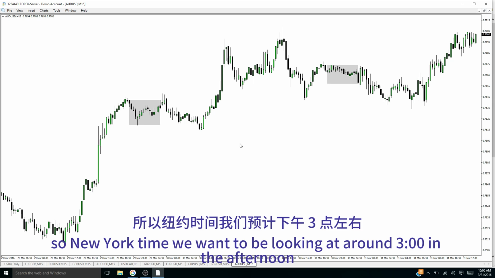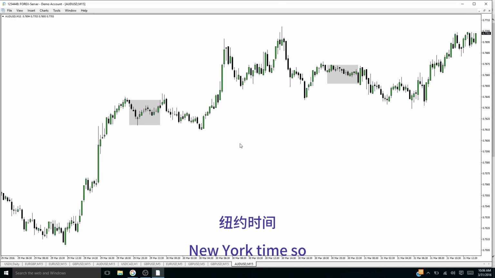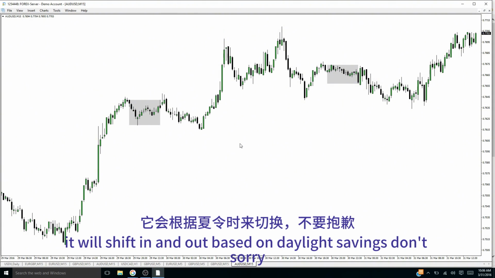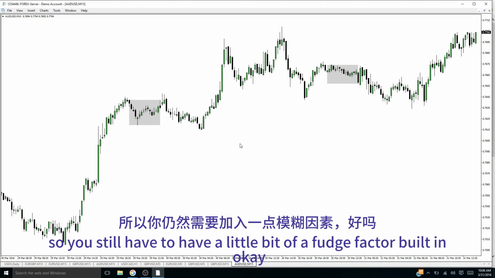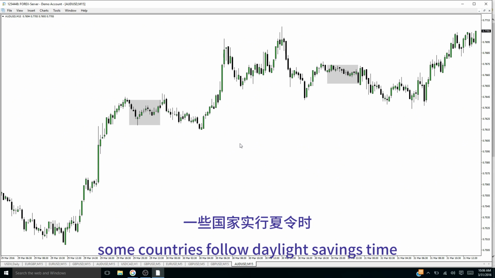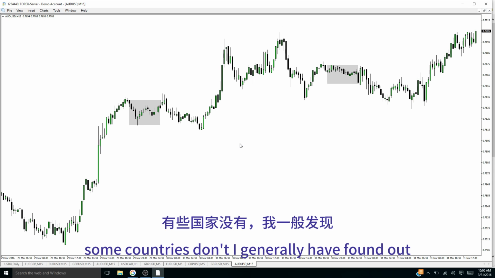So New York time, we want to be looking at around 3 o'clock in the afternoon. It will shift in and out based on daylight savings time, so you still have to have a little bit of a fudge factor built in. Some countries follow daylight savings time, some countries don't.